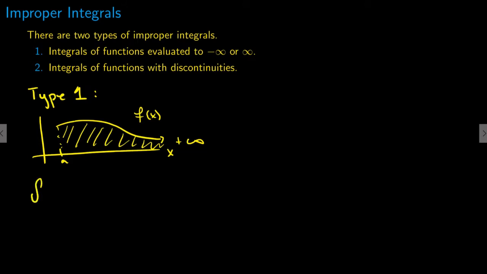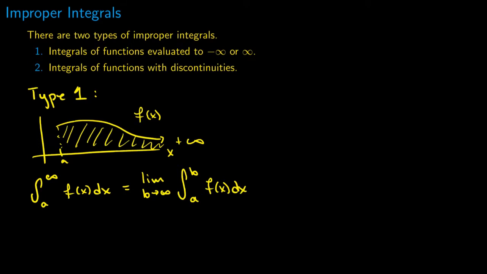Well, we would write the integral from a to infinity of f of x dx is equal to the limit as some parameter b goes to infinity of the integral from a to b of f of x dx. And so instead of taking the integral from a to infinity, we don't know what that means, we instead let infinity be b and then take the limit as b goes to infinity.